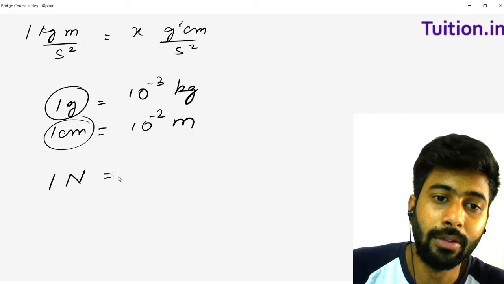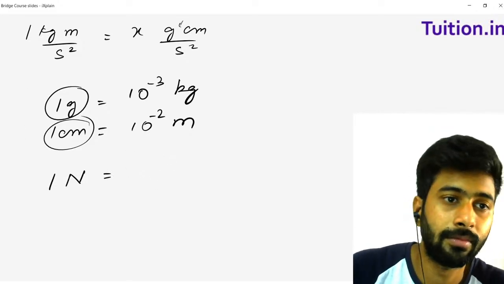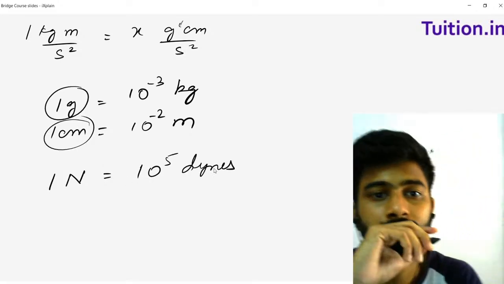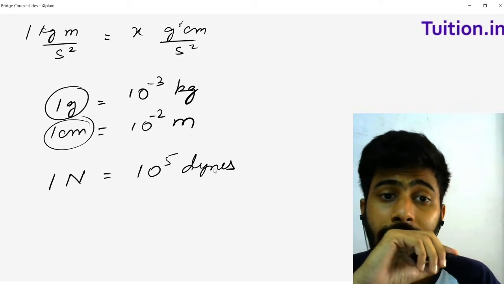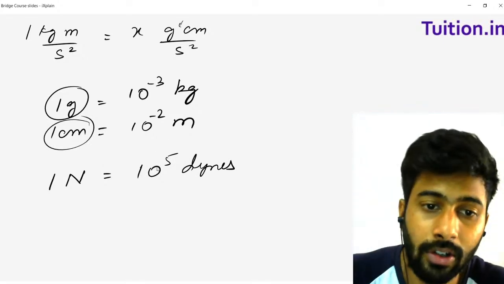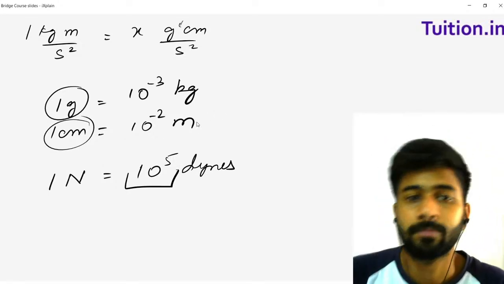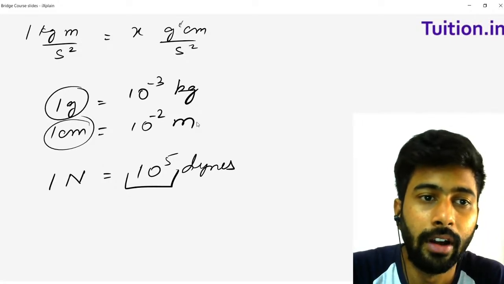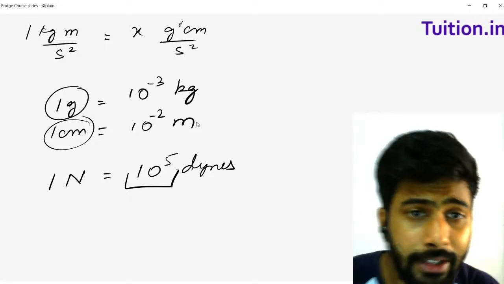1 Newton is equal to 10 power 5 times. This is your constant. This is how you convert between units.